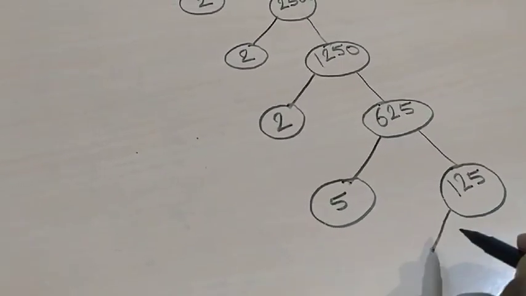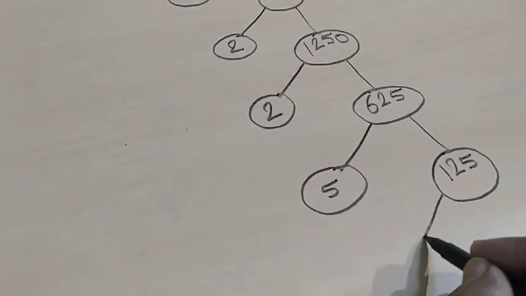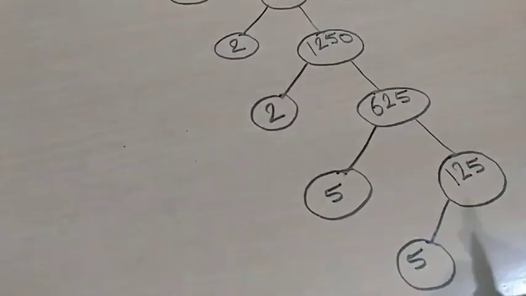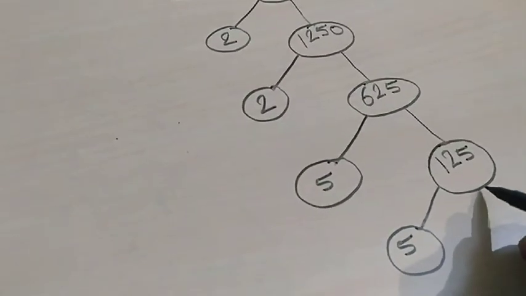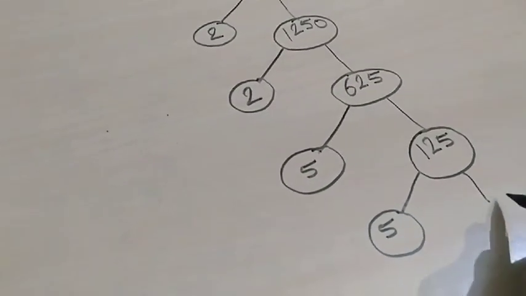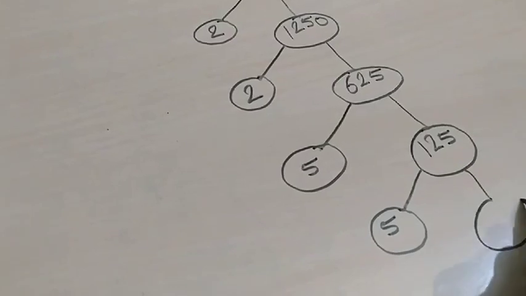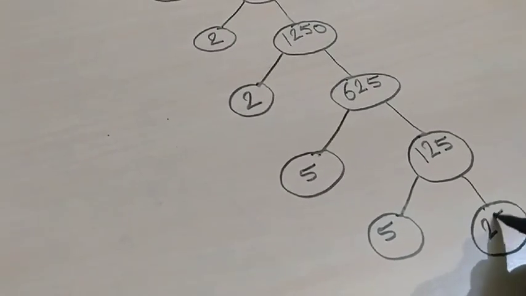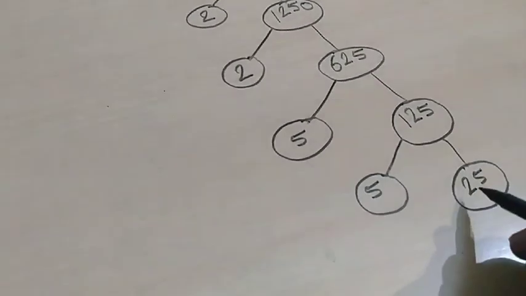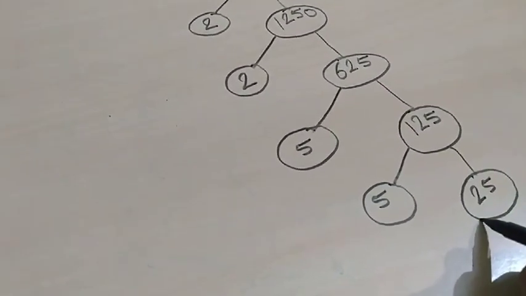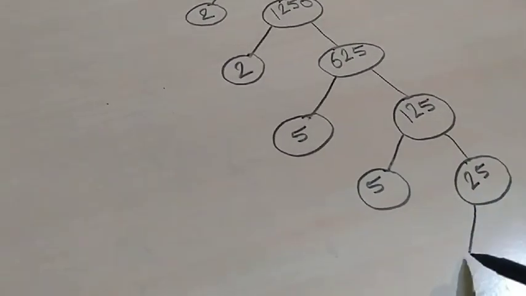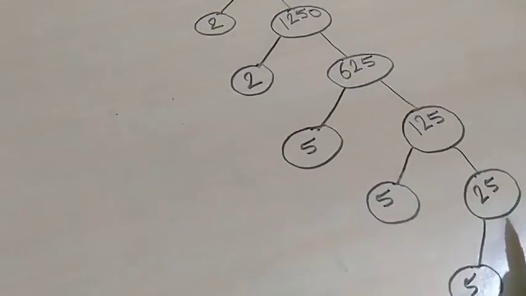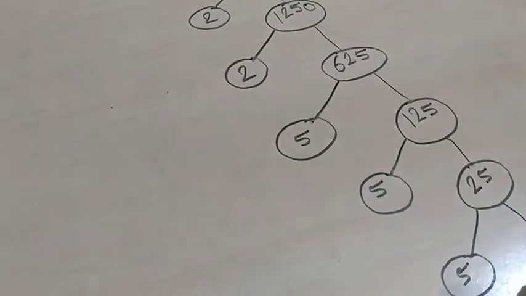If 125 is divided by 5, we obtain 25. You can check by dividing. This is also divisible by 5 because 5 fives are 25. We obtain here 5.